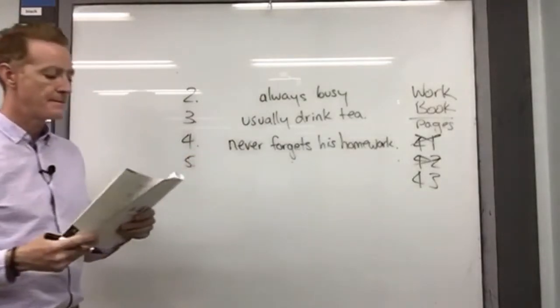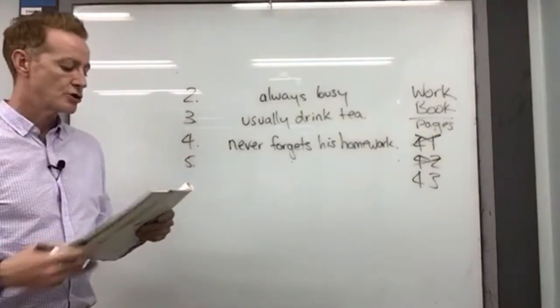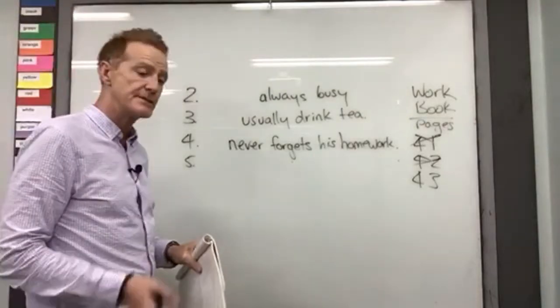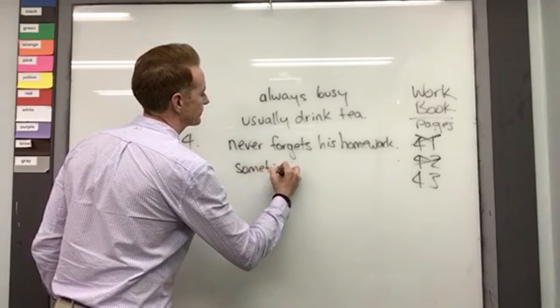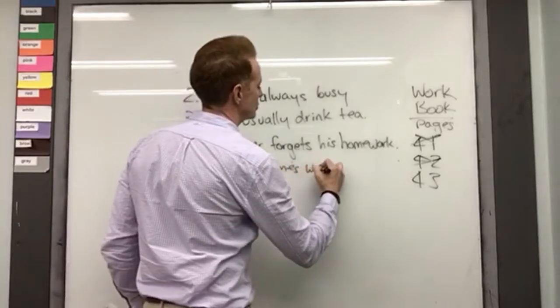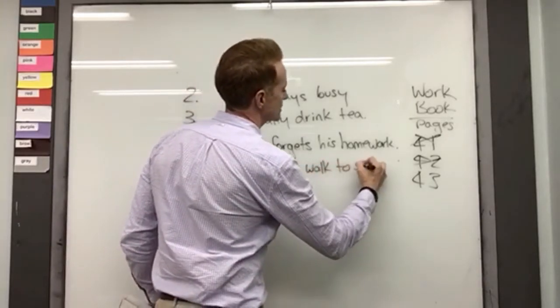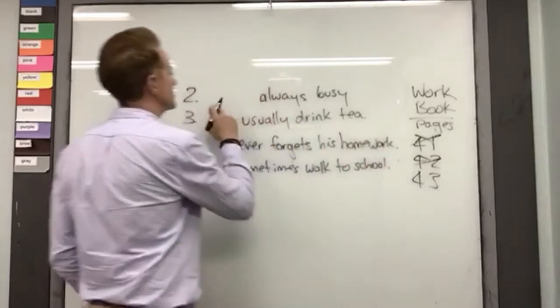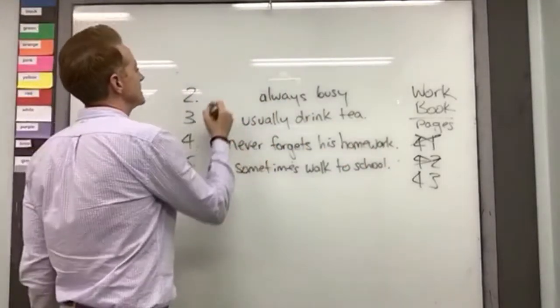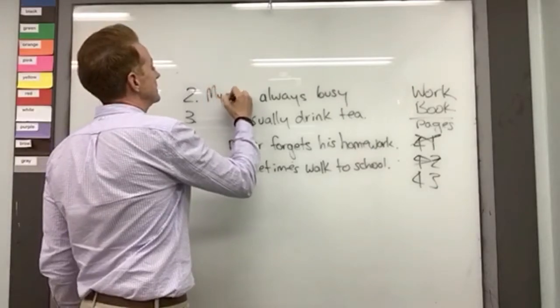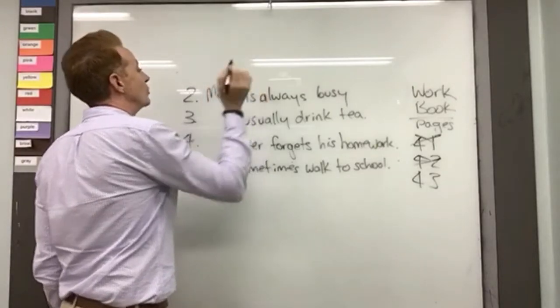Number 5, we walk to school. We have to use sometimes. We sometimes walk to school. Is it easier if I do the whole thing here? So number 2 is my mom is always busy.